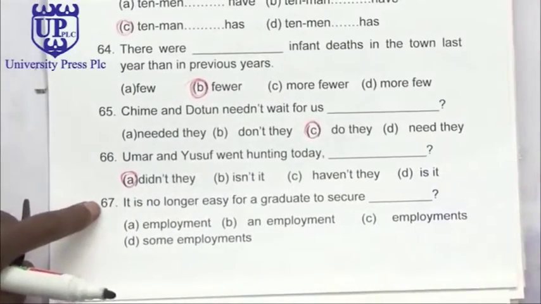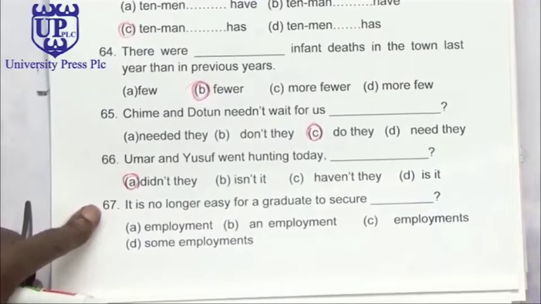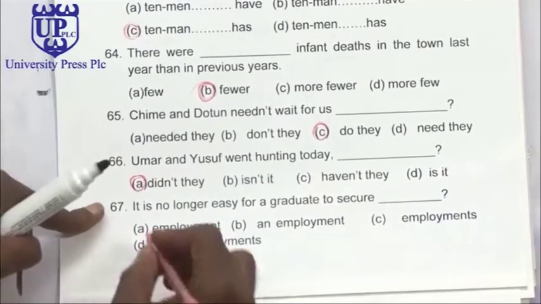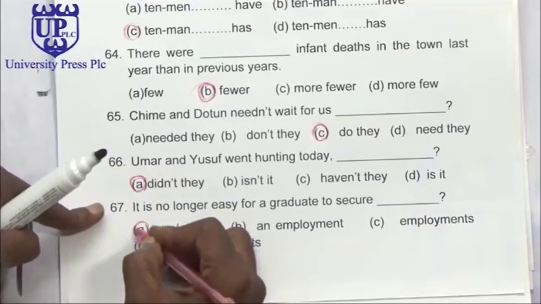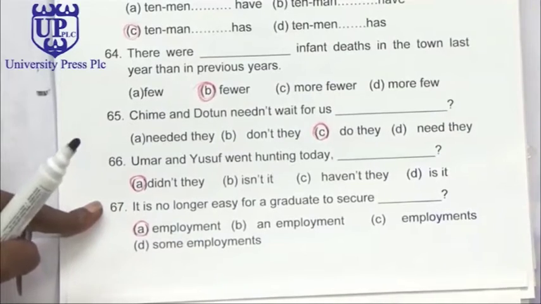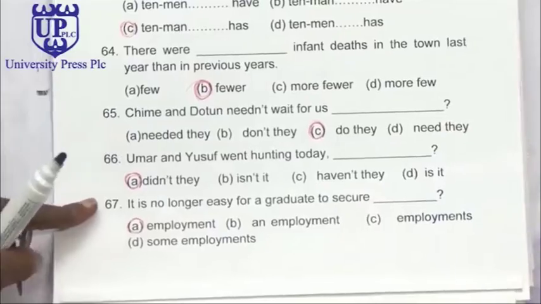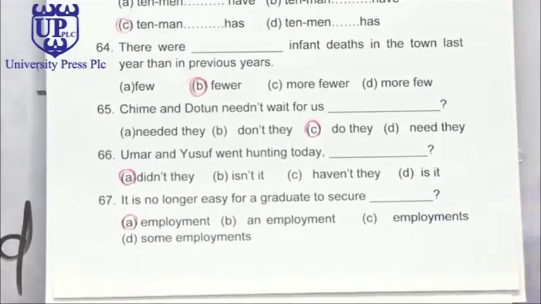Number 67: it's no longer easy for a graduate to secure what? Always employment. Remember, employment has no plural. You cannot say employments. Always employment, as you have in furniture. So take note of that one. That has no plural.